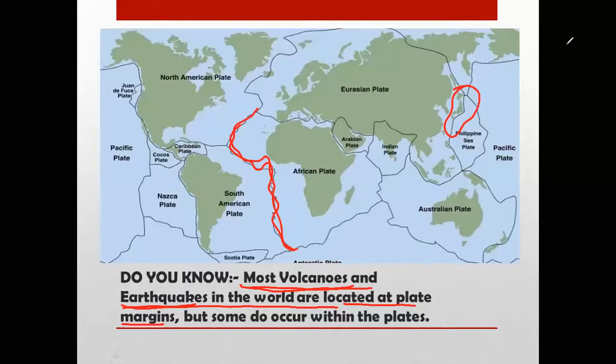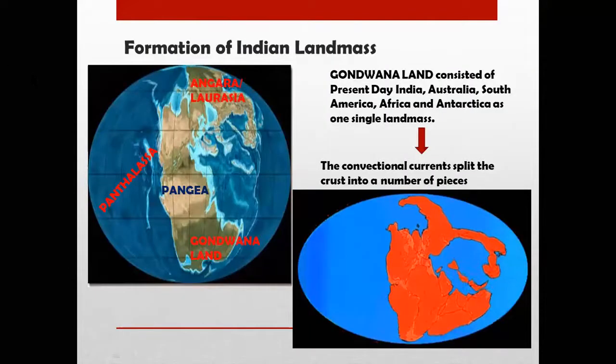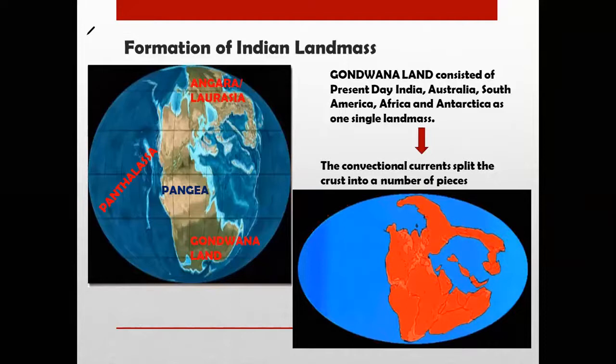Now, this theory will further help us to understand the formation of Indian landmass. Originally, there was one single big landmass present on the Earth's surface, and it was named Pangaea.